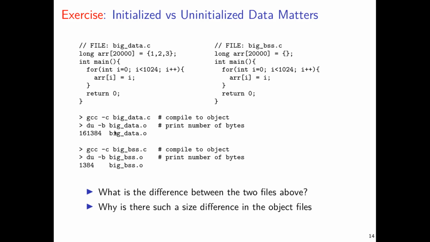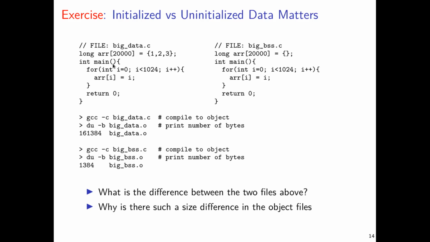As in this bigdata.o, with its initialization of 1, 2, 3, takes about 161 kilobytes. That's 161,000 some bytes. Versus the big BSS, it has only a single K, or about 1,300 some bytes. Now that is a marked difference of almost 100-fold in terms of storage.